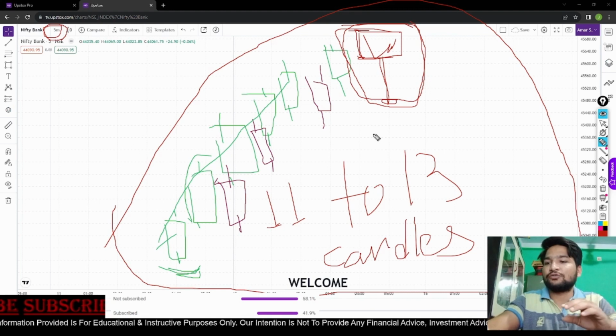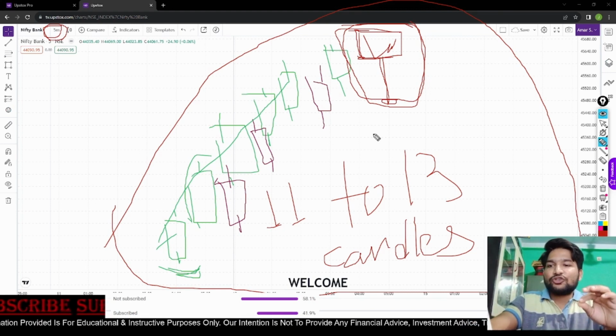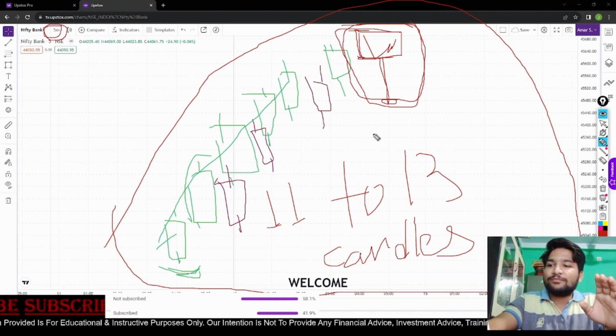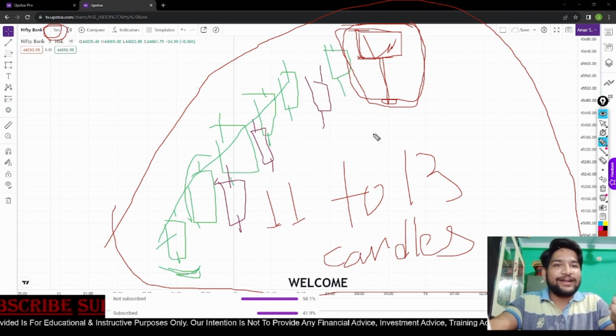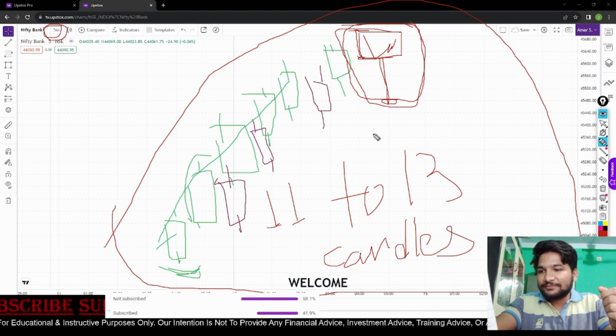So the rules are: a 5 minute chart. In the 5 minute chart, there should be a minimum of 11 to 13 candles, right? And a minimum of 170 to 200 points in Bank Nifty if you are trading futures and options, right? And 70 to 90 points of movement in Nifty.